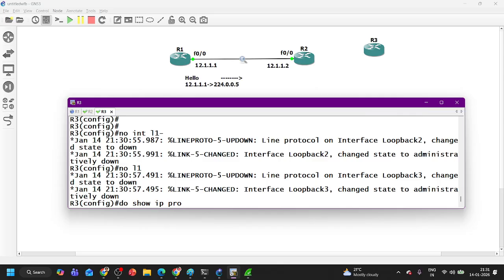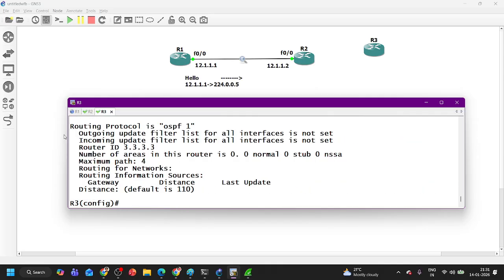It will be 0.0.0.0. No, not after clearing. I think you have already configured it. See, the router is going to elect the router ID once. The router ID is elected, right, 3.3.3.3.